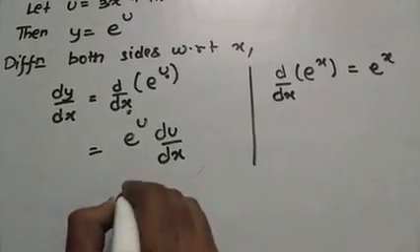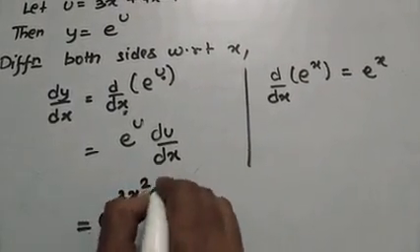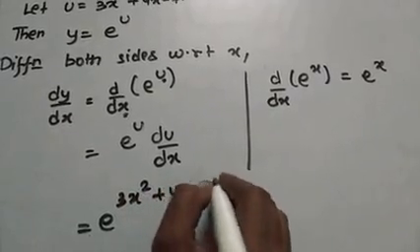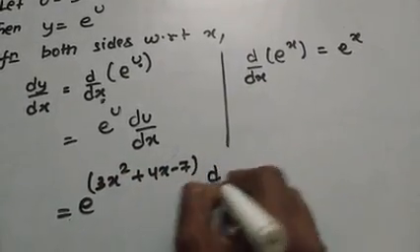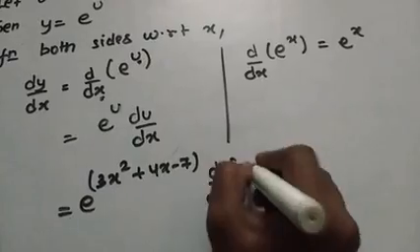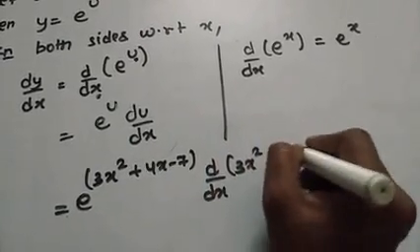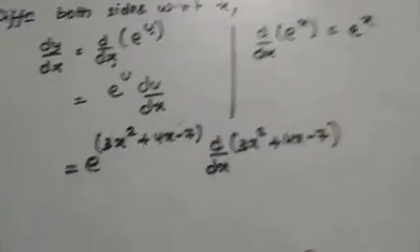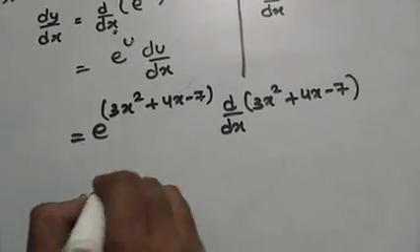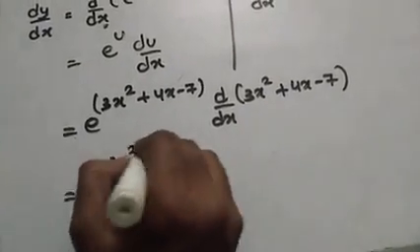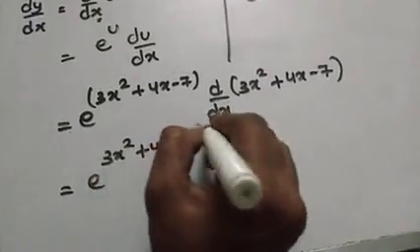Putting the value of u, 3x square plus 4x minus 7, and d dx of 3x square plus 4x minus 7, we get e to the power 3x square plus 4x minus 7.